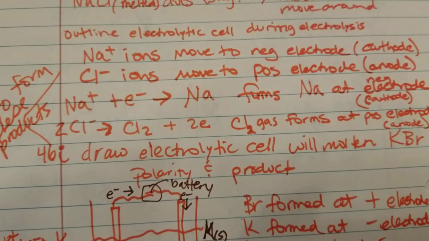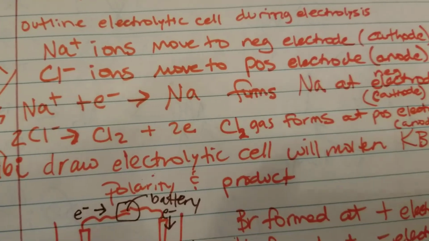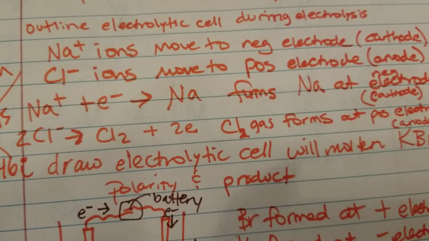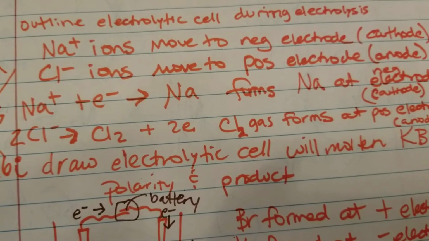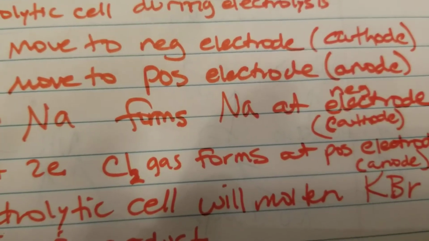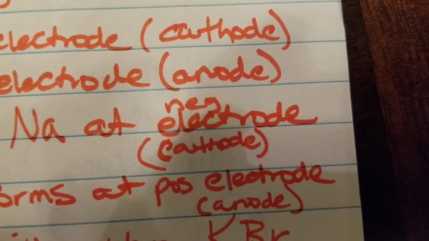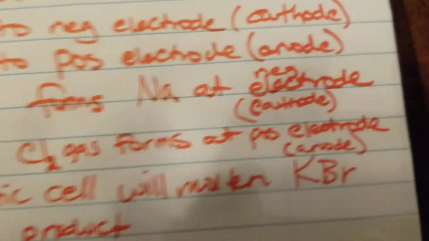All right. So what's happening is that Na+ gains electrons, and then it forms the sodium solid. Where? At the negative electrode, the cathode. Okay.